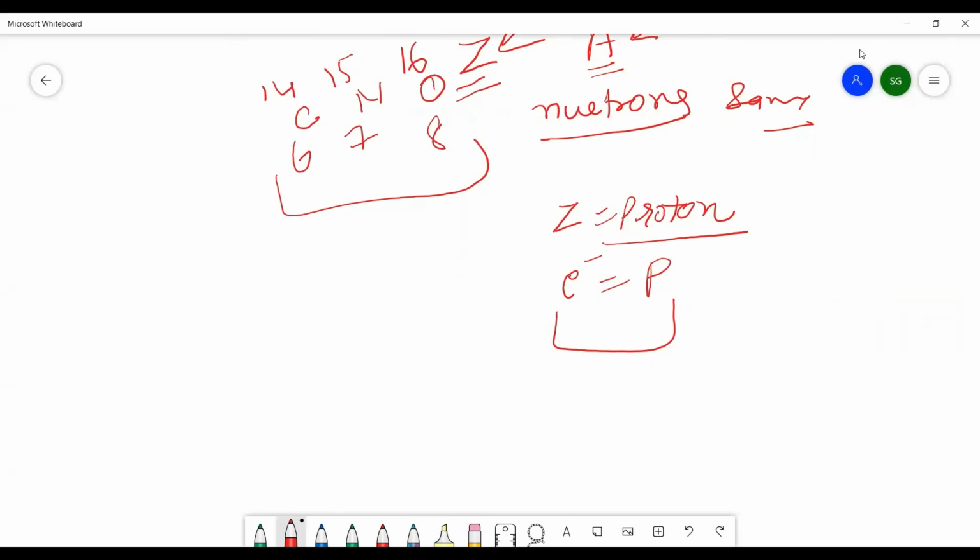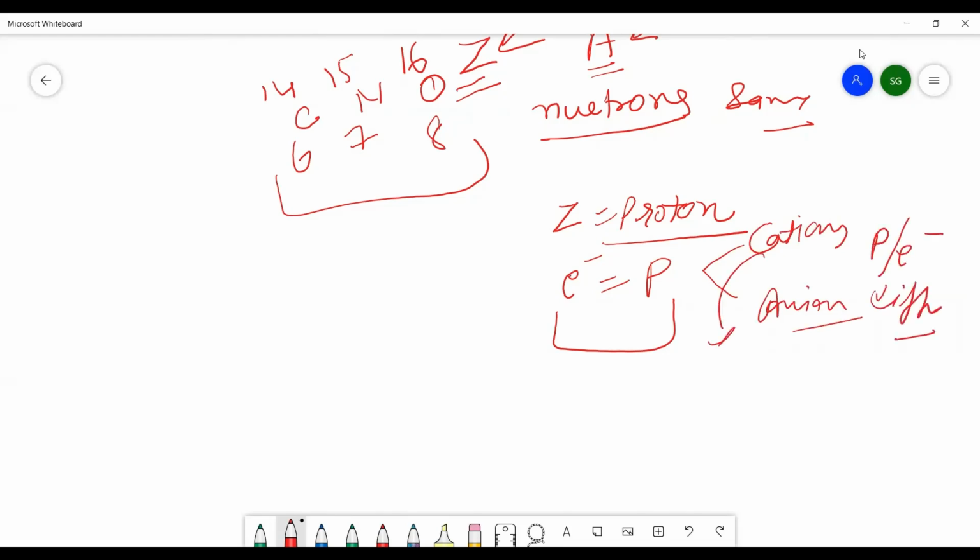But when we take cations and anions, the number of protons and electrons will differ. In case of cations, the number of electrons is less compared to the number of protons, as a loss of electrons takes place in cations. In case of anions, the number of electrons is greater compared to the number of protons.